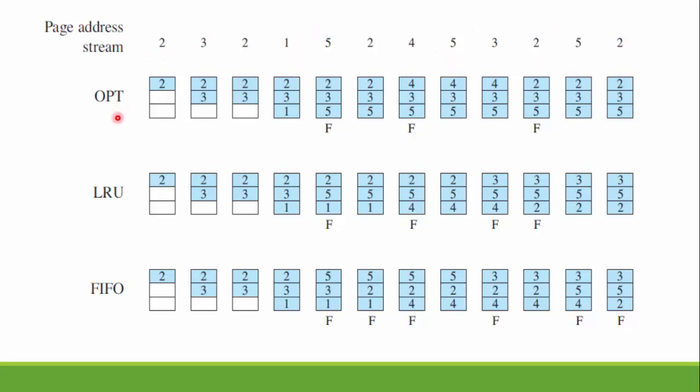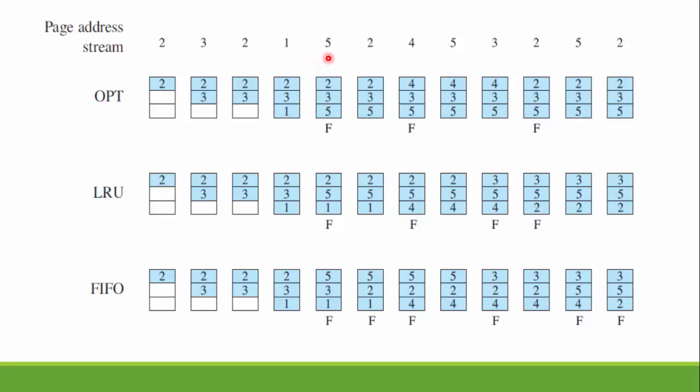So how does this optimal policy work? See, 2: the memory is empty, so 2 is not there, a page fault is generated, 2 is loaded. 3 not there, page fault is generated, 3 is loaded. 2 is already there. Now 1, empty space is there, page fault generated, 1 is loaded. The first time a page is loaded, a page fault is generated.